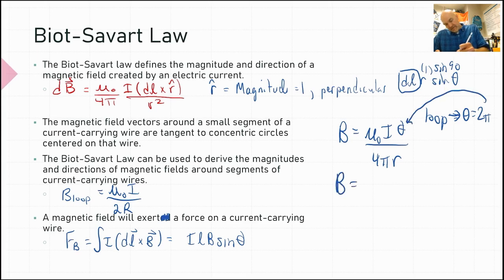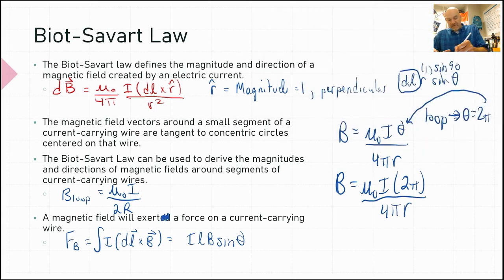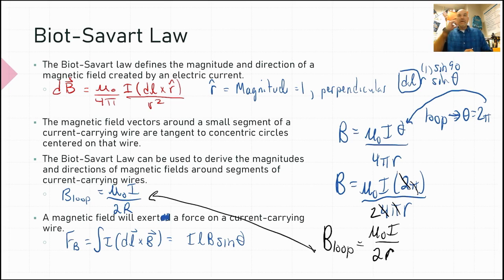So B equals mu 0 I times 2 pi divided by 4 pi r. And now clean this up, cancel things out that can be canceled out. Pi, that 2 cancels a 2 on the bottom. And so look what happens. So the loop is going to be mu 0 I over 2r. And look what we wrote right there, mu 0 I over 2r.